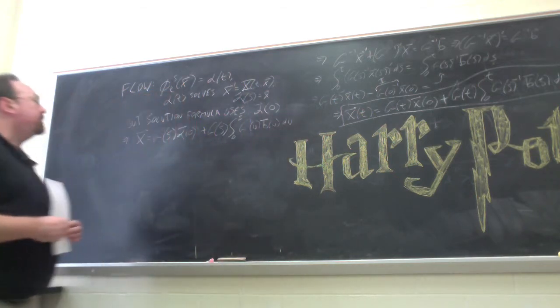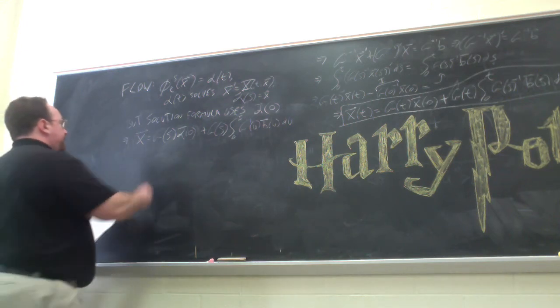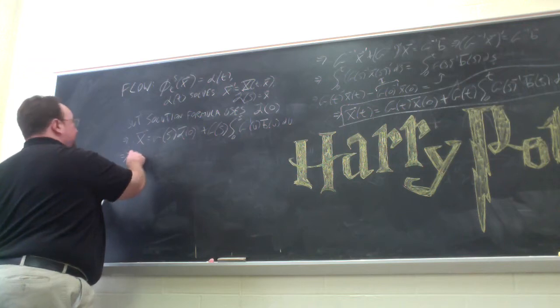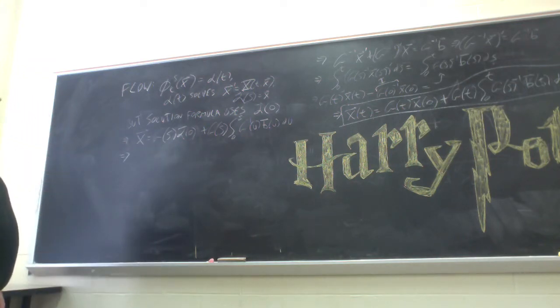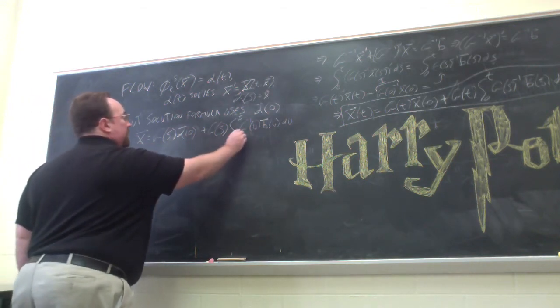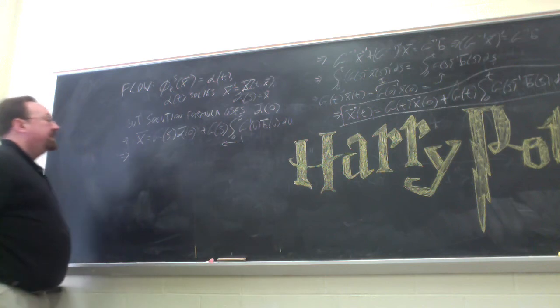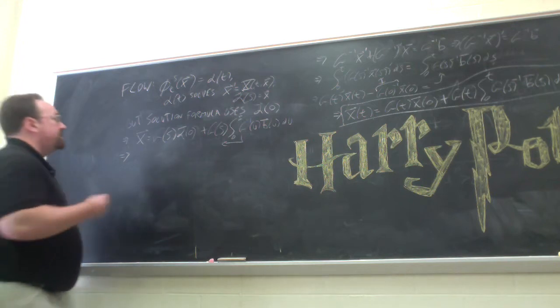Okay. And what I can do then is go ahead and solve this equation for alpha of 0. So I can take this term and move it to the other side, and then I can multiply both sides by g of s inverse.